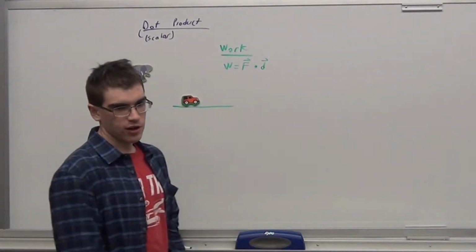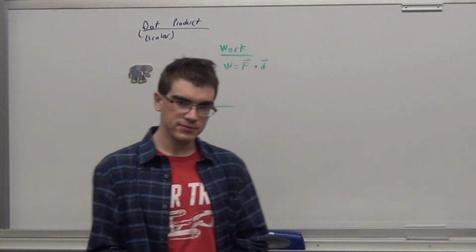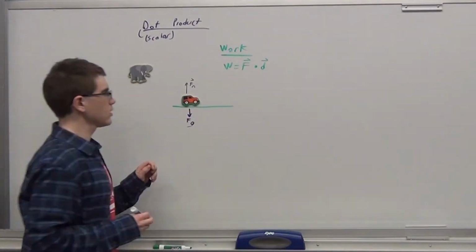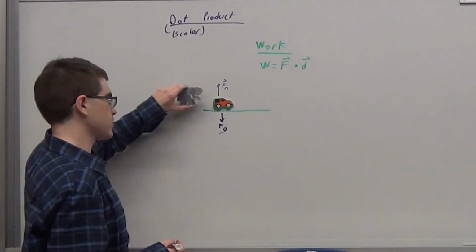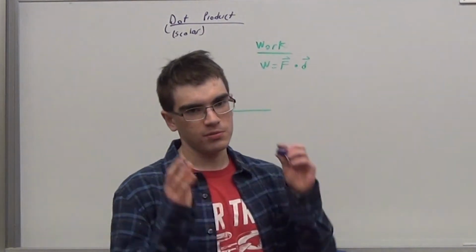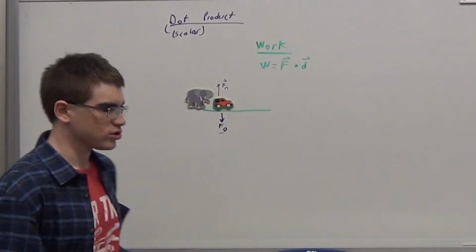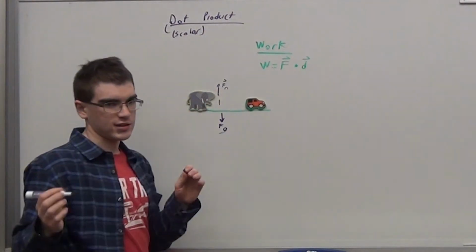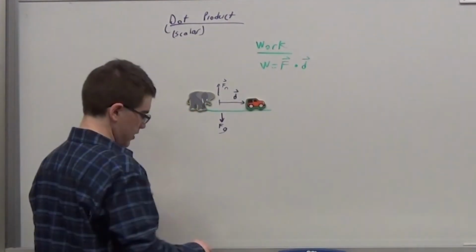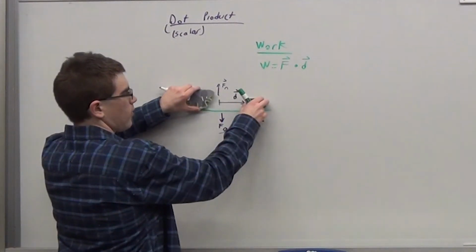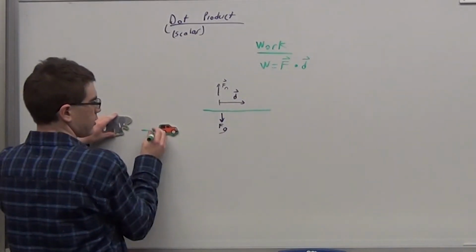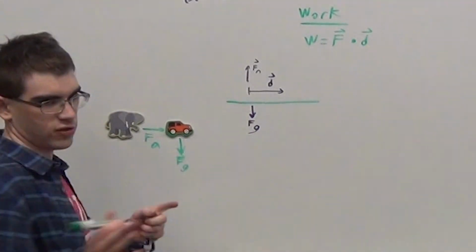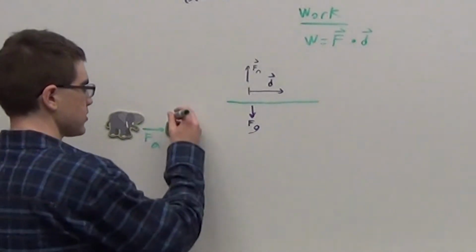Right now, there's going to be two forces acting on it, the normal force and the gravitational force. Now let's take my elephant here, and the elephant is going to apply some external force to push the car. So what happened was we had displacement as the elephant applied the force to our car. We had applied force from the elephant, gravitational force, and the normal force.